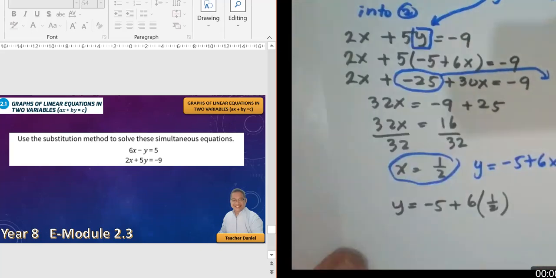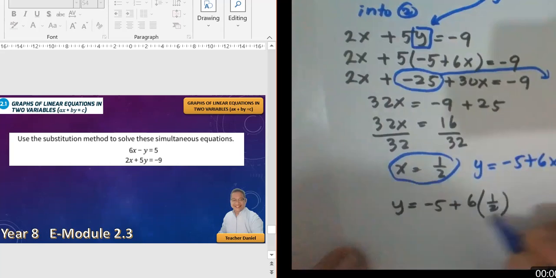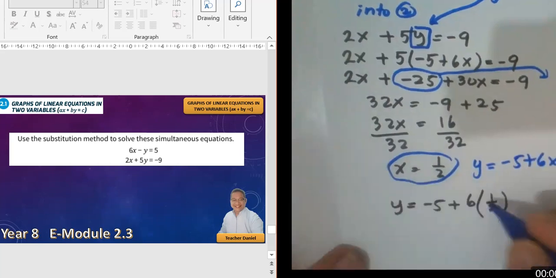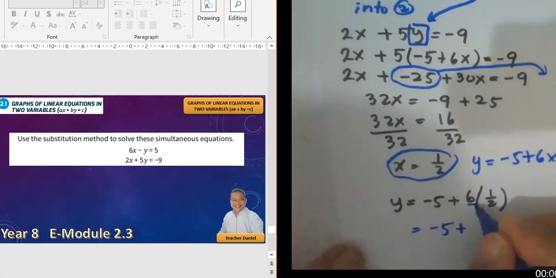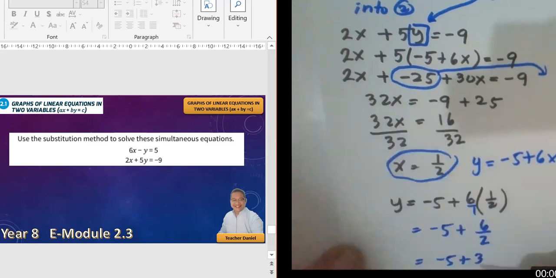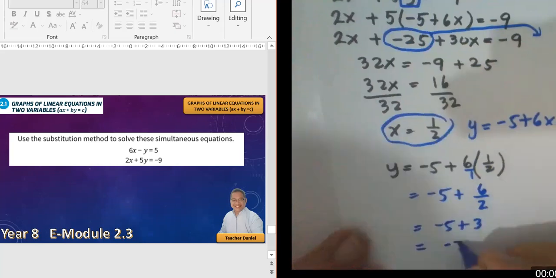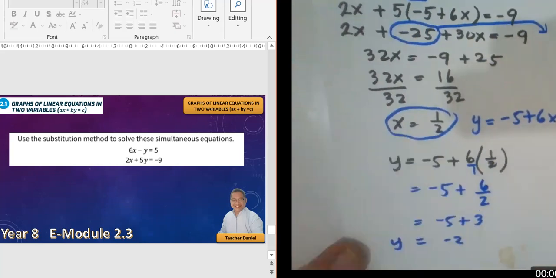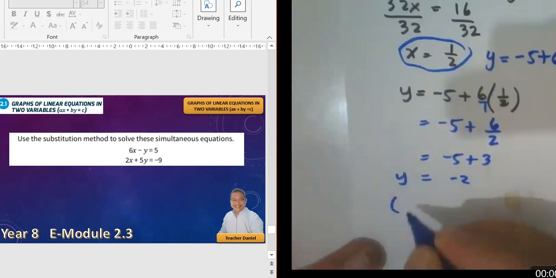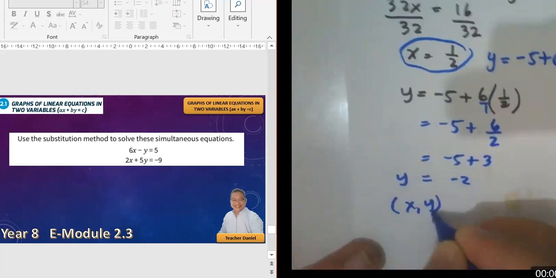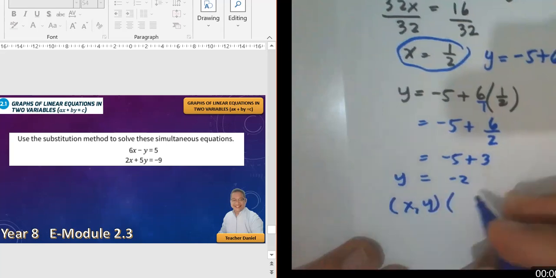And the 6 times 1/2 is actually equal to -5 plus 6/2, that is -5 plus 3, and that is equal to -2. So that is now our answer. So therefore our solution x, y is equal to 1/2 comma -2.